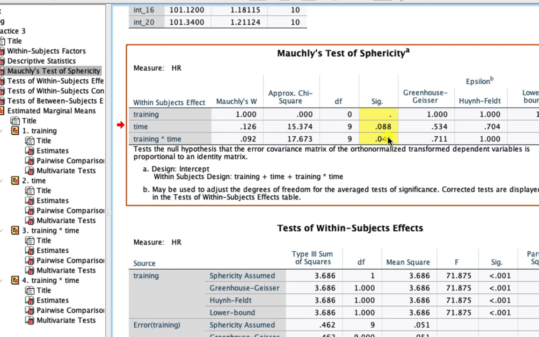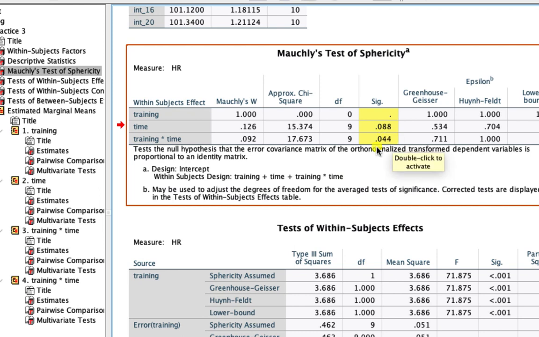The last p-value we assess is for the interaction, which is 0.044. That is less than 0.05. So this indicates that we reject the null hypothesis for sphericity, and the variances of the differences between all of our levels of training across all the time points are not equal to each other. Okay.